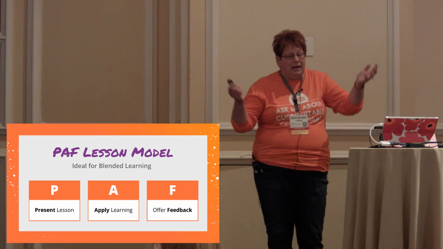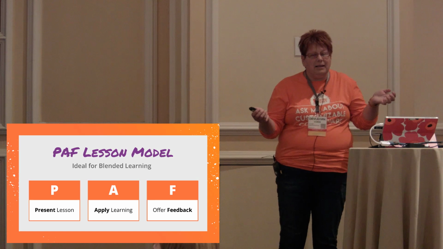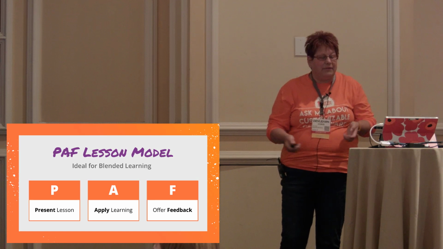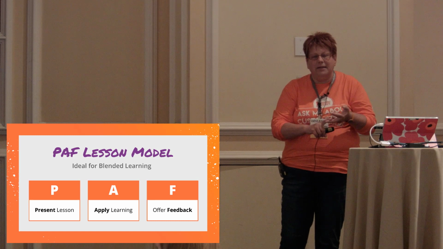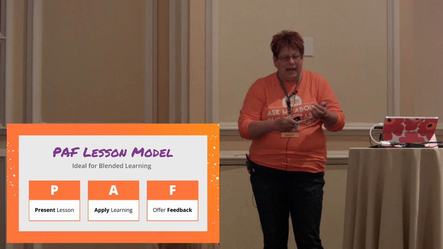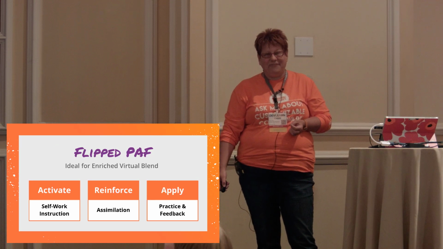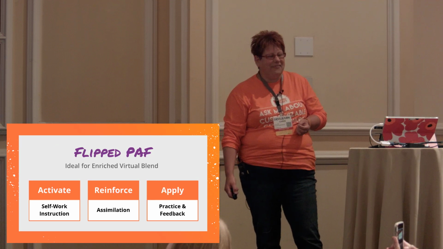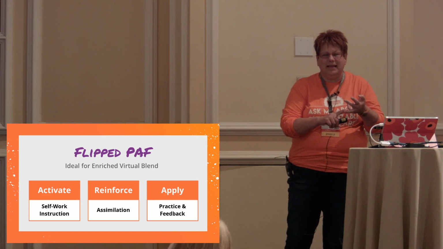In the traditional lesson model, again, going back to the traditional classroom model, the PAF model. Present the lesson, apply the learning, give the feedback. In the flipped PAF, say that 3 times, in the flipped PAF, you're going to activate, reinforce, and then apply.